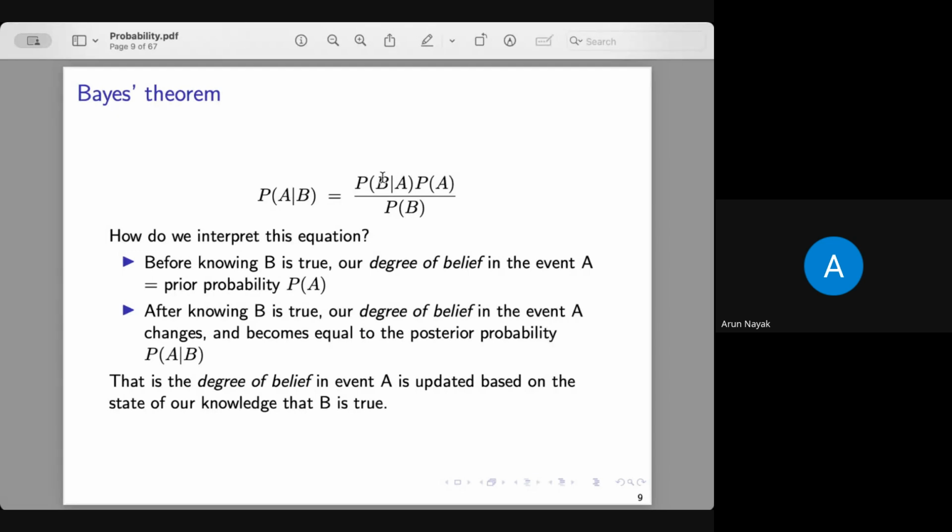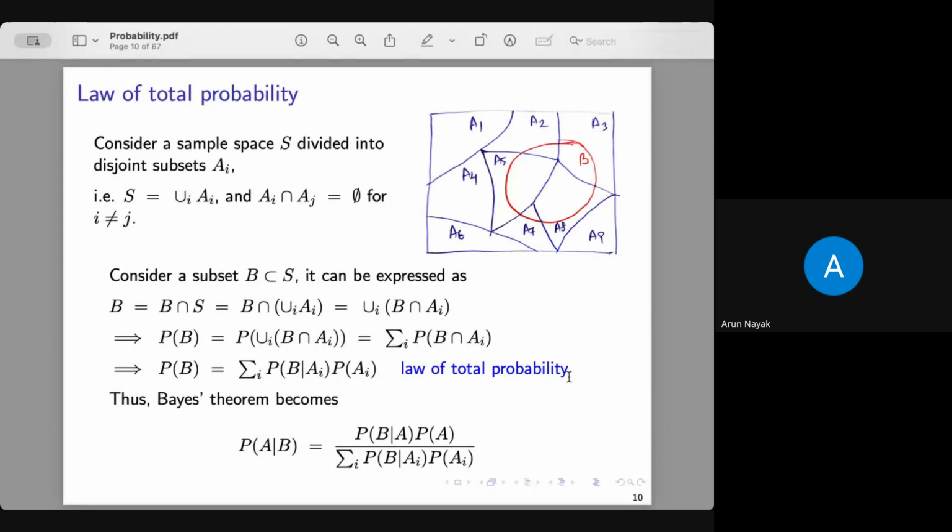That means our degree of belief in event A is changing after we know whether B is true or not. Before knowing anything about B, we have a degree of belief on A, and after knowing something about B, our degree of belief is updated accordingly. So that's our interpretation.